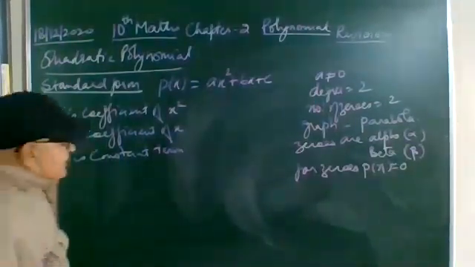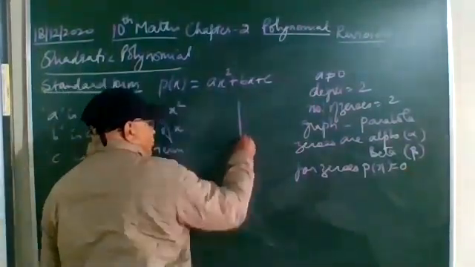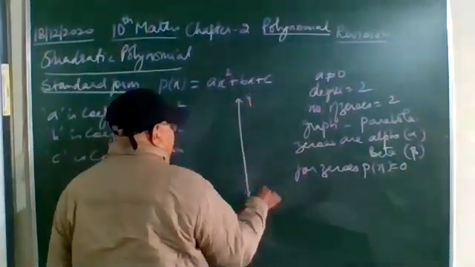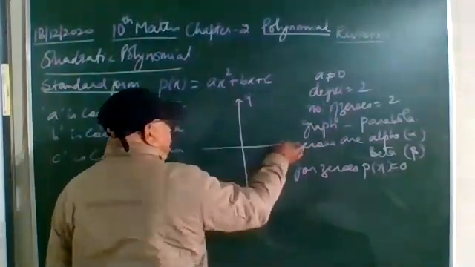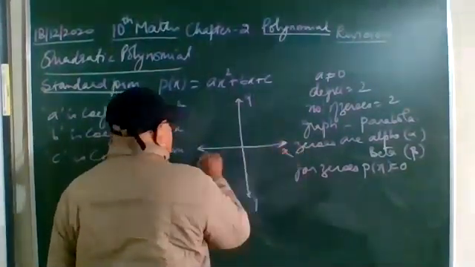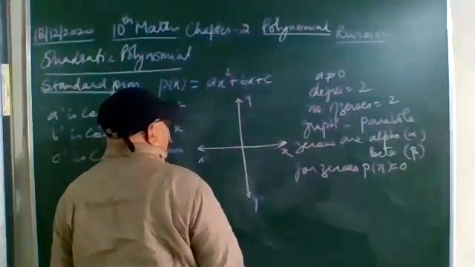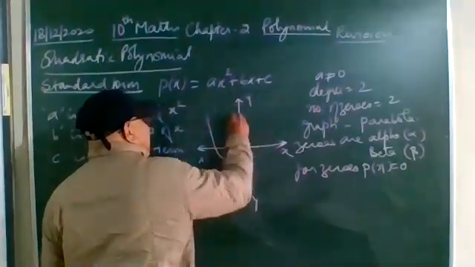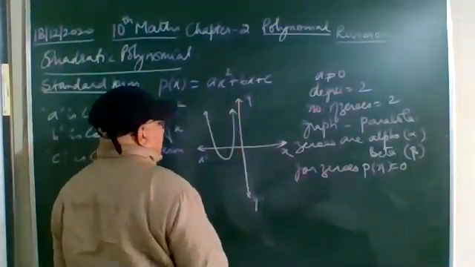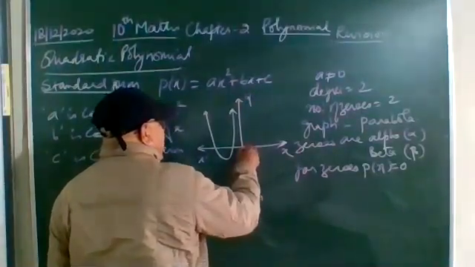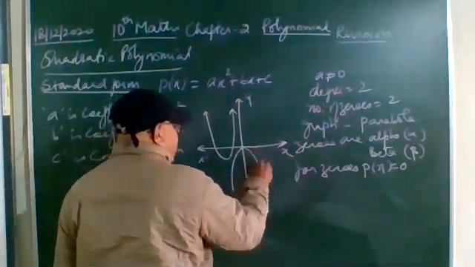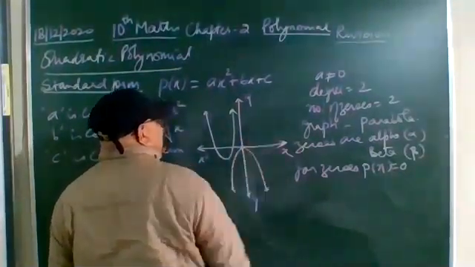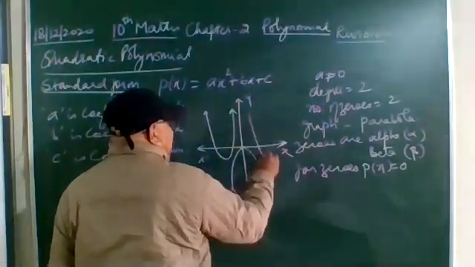Now when we talk about the parabola, so this is the y-axis, vertical line, y dash, and x dash. The shape of the parabola is like this. It may be like this, it may be like this.